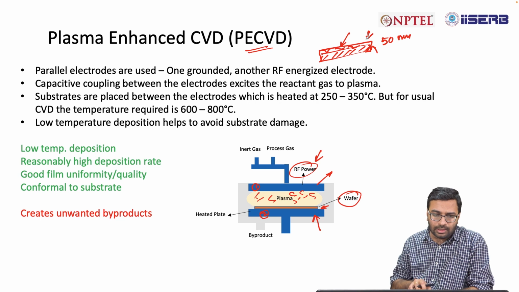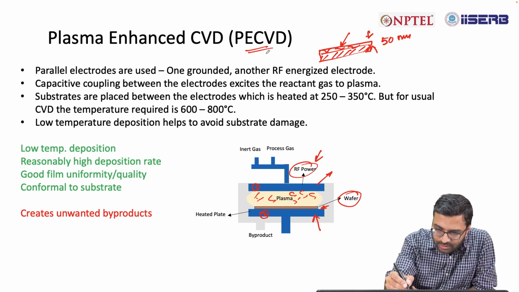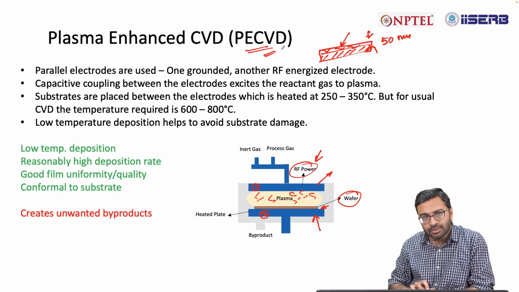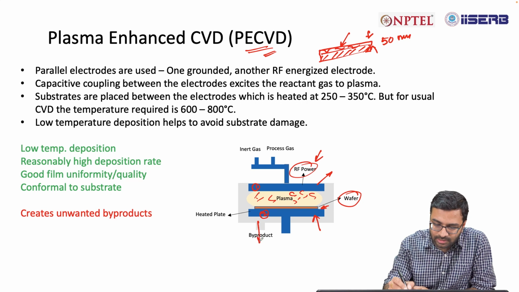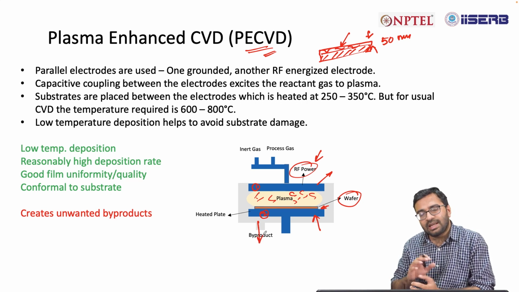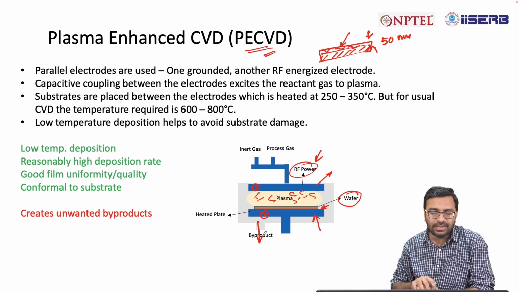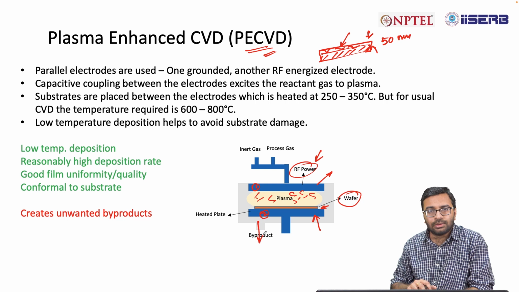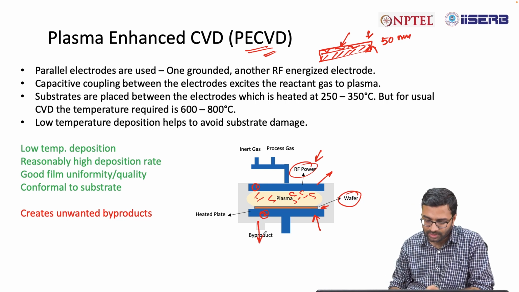But one disadvantage of plasma enhanced CVD is it creates unwanted byproducts which may lead to contamination. So, the unwanted byproducts anyway need to be taken out of the chamber. So, there is again a kind of optimization needed. Sometimes that unwanted byproduct may lead to contamination in the deposited film.